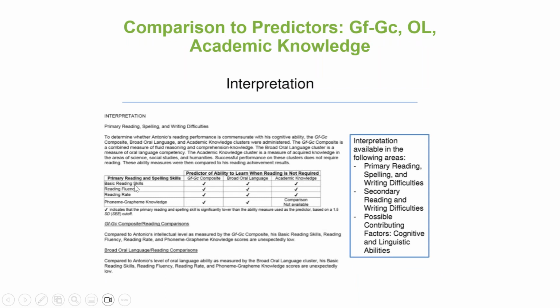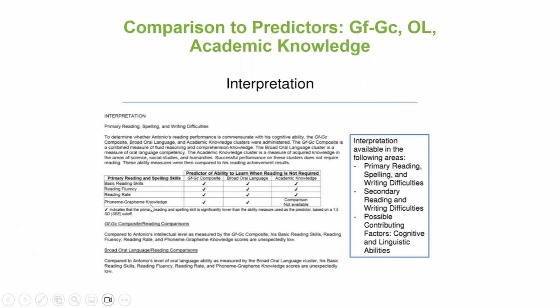So it's showing the primary reading and spelling skills, and then they do have predictors of ability to learn when reading is not required. So comparing the student's performance in basic reading skills, reading fluency, and reading rate to their performance on the GFGC component or the broad oral language component or academic knowledge. So you can choose what the comparison is going to be.